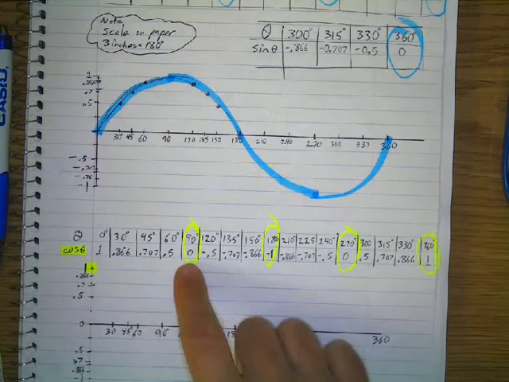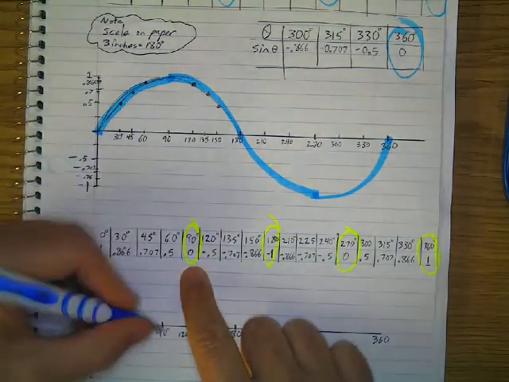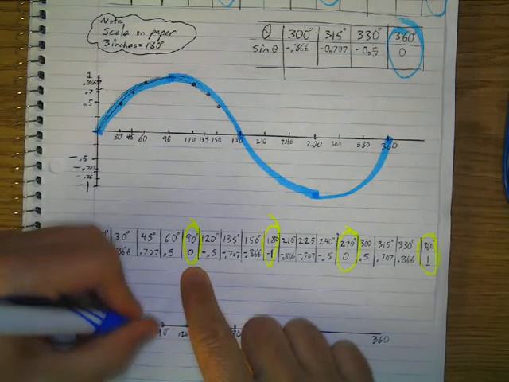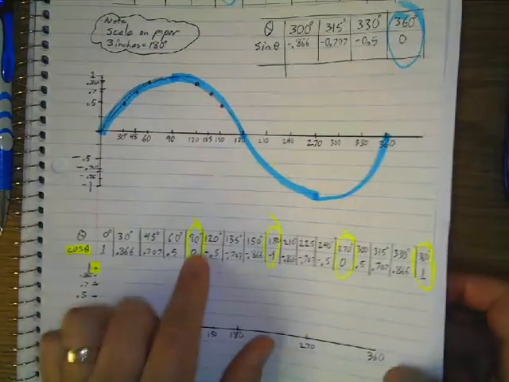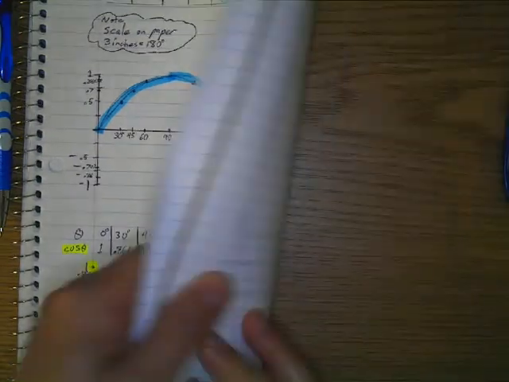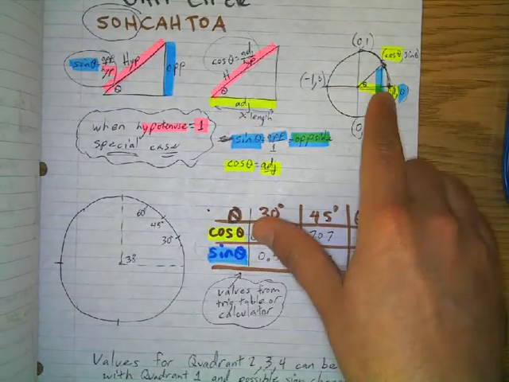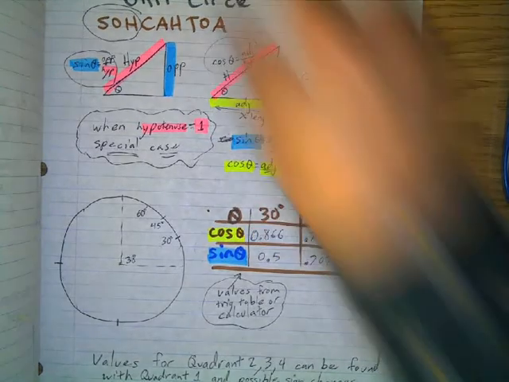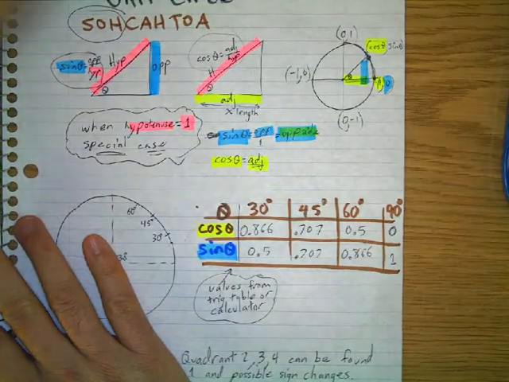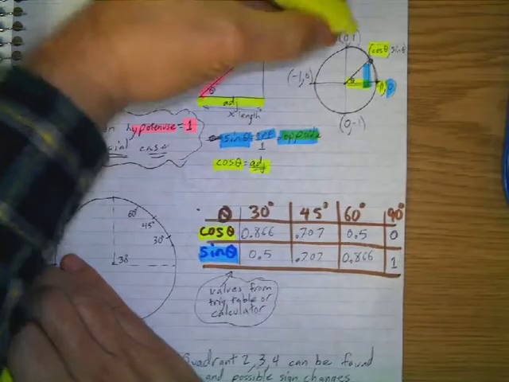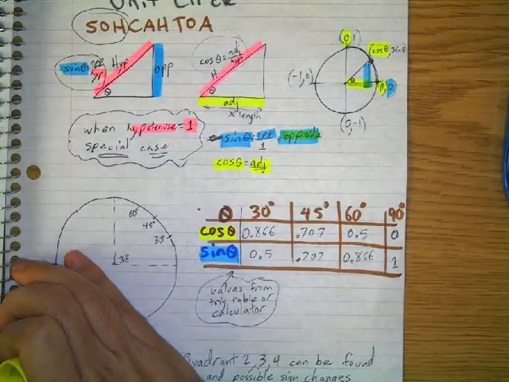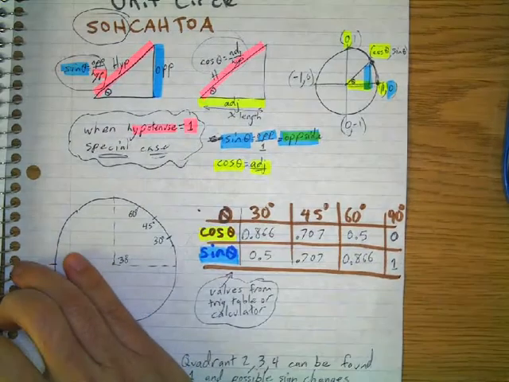So at 90 degrees, we're at 0. And that should make sense, right? Because at 90 degrees, what is the x value going across? At 90 degrees, the x value is 0, isn't it? Right? So, all right, let's plot this now.